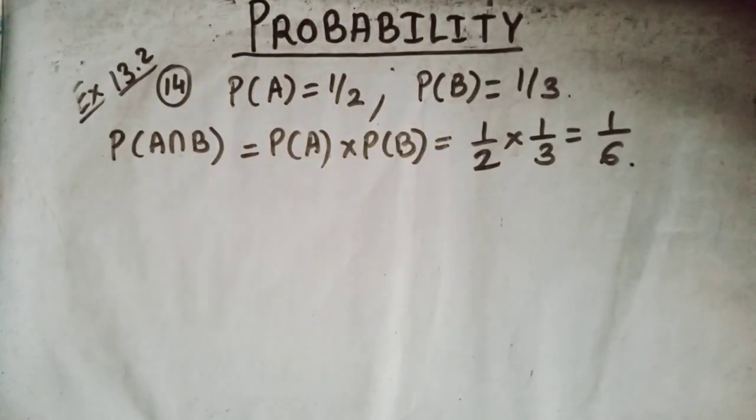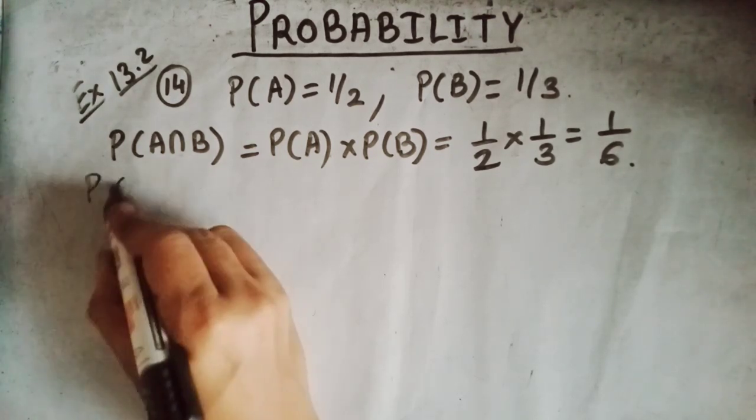Okay, so from this we get P of A intersection B. Now we have to find the problem is solved. Okay, the probability of the problem being solved, that is either A person solves it or B person solves it, but the problem should be solved.